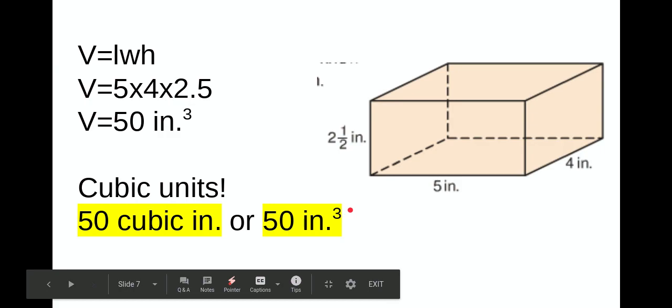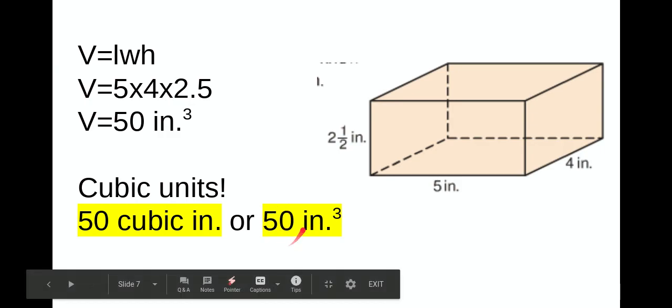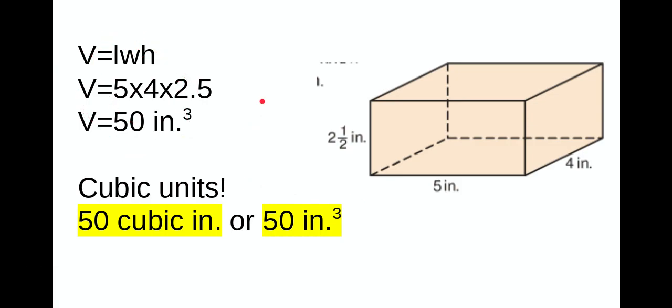But when it comes to typing it into your Google form, if you just put in the number 50, that would be good enough. If you know how to do the exponent 3, go ahead and go for it. But it varies depending what device you're using, and I don't want you to get too bent out of shape just typing in the number. So make sure this is what you see on your paper. Inches cubed, that's how you say it. You don't say to the power of 3 or any of that. It's 50 inches cubed. That is your volume.